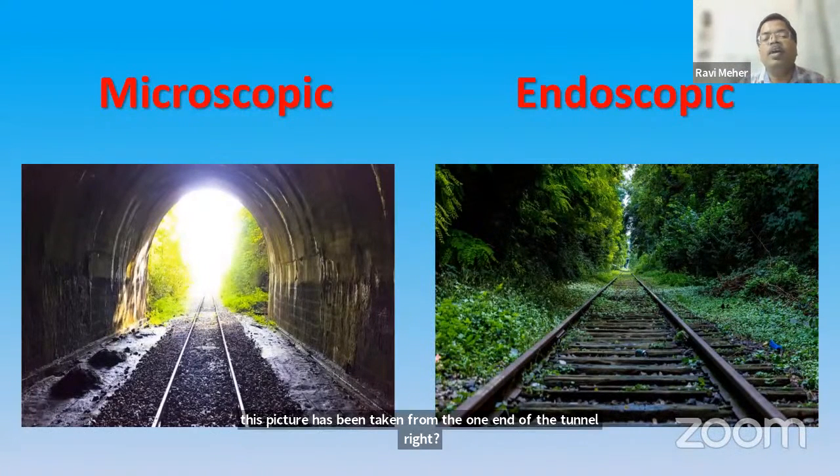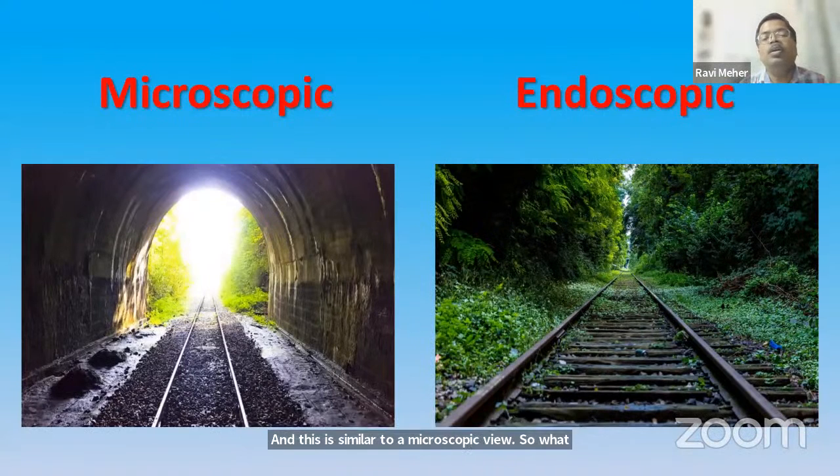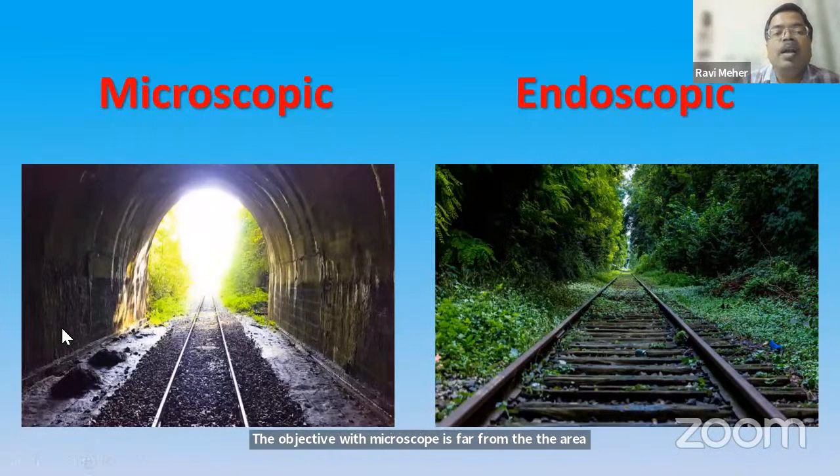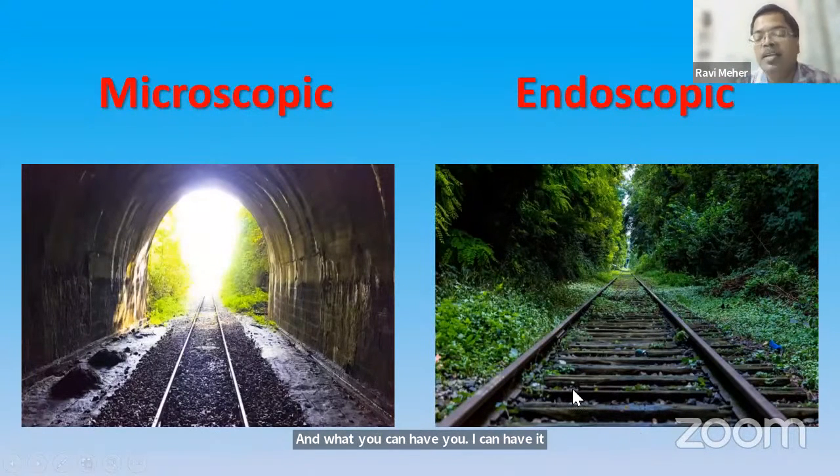So what we are doing, we are using a microscope. The objective of the microscope is far from the area of exposure or area of surgical interest, right? So this is the picture in cases of microscopy. And when you introduce an endoscope, the tip of the endoscope can go beyond the tunnel, and you can have a very nice view of the outside.